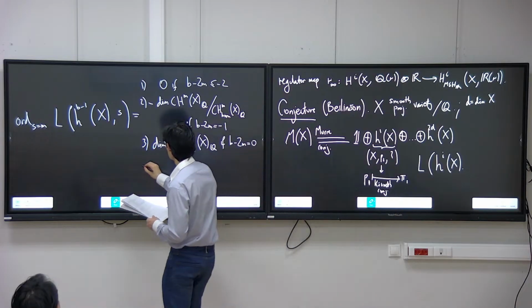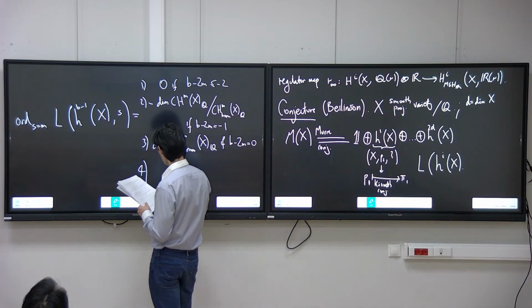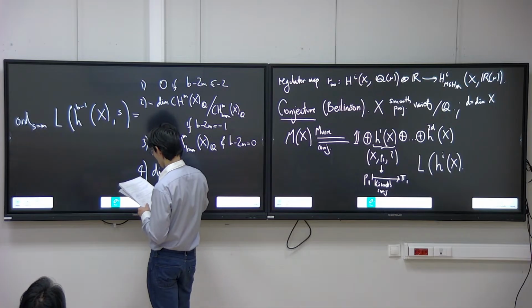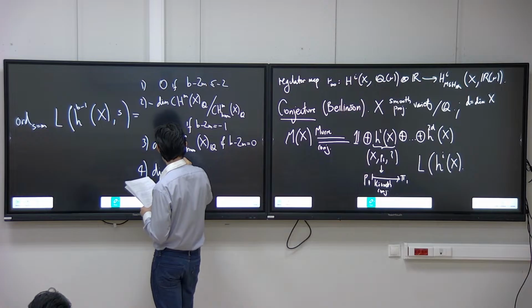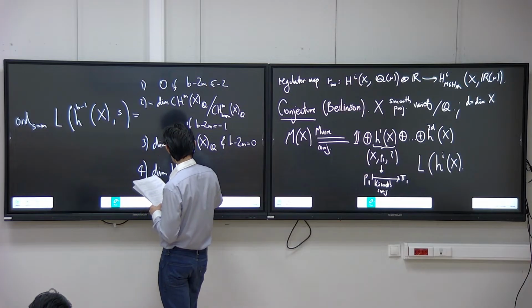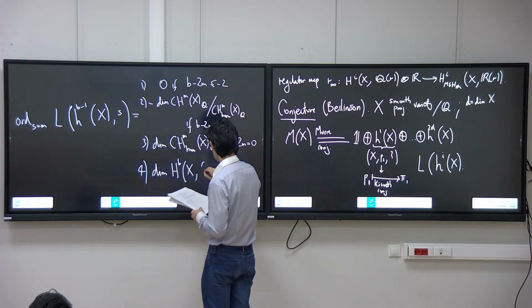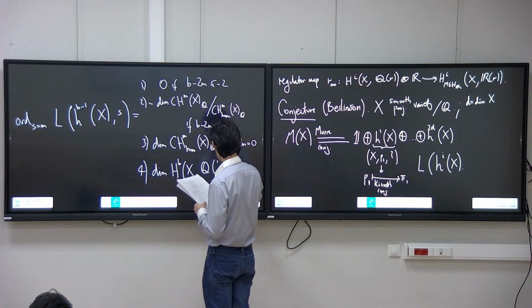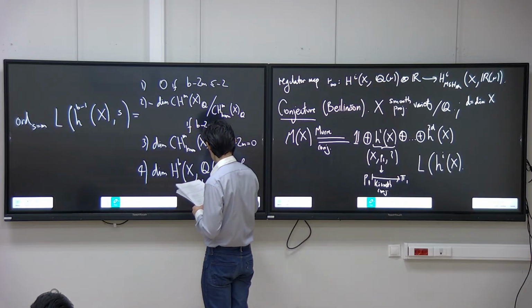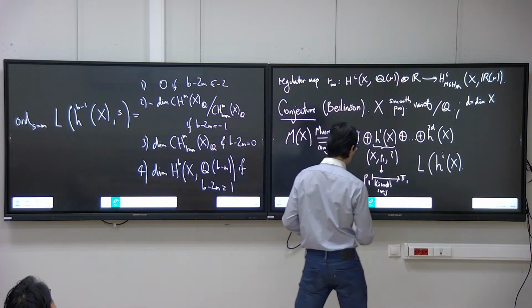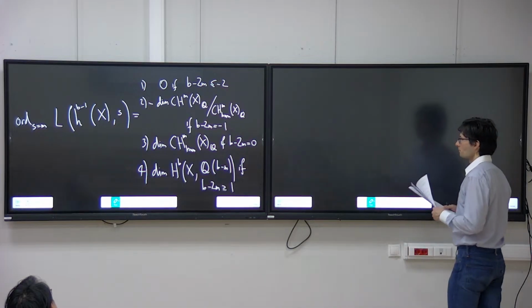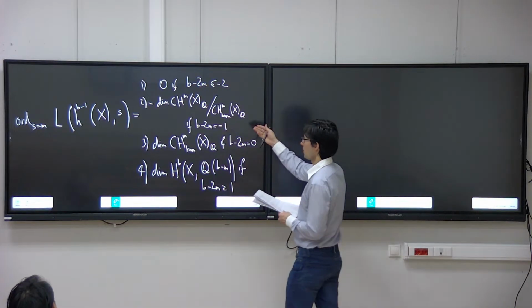And the fourth case is it's equal to the dimension of the motivic cohomology itself, H^(b-m)(X, Q(b-m)), if b-2m is greater than or equal to 1. Okay, that's the first part of Beilinson's conjecture.